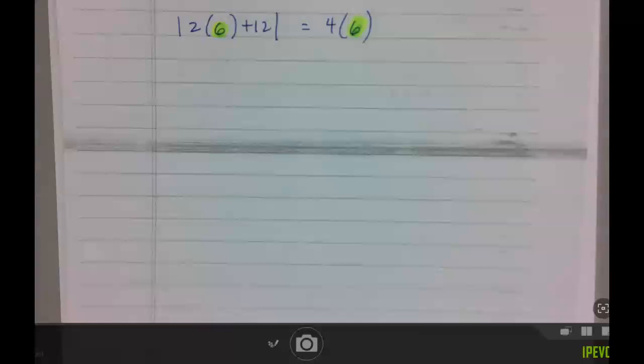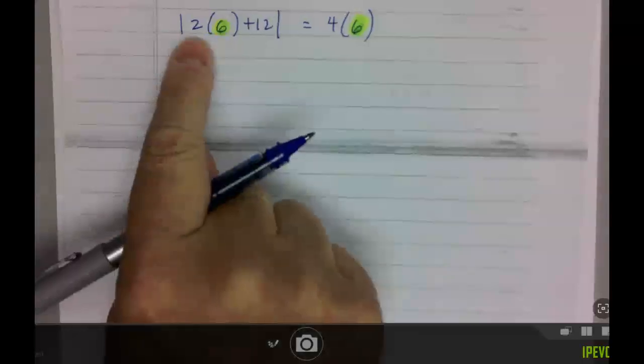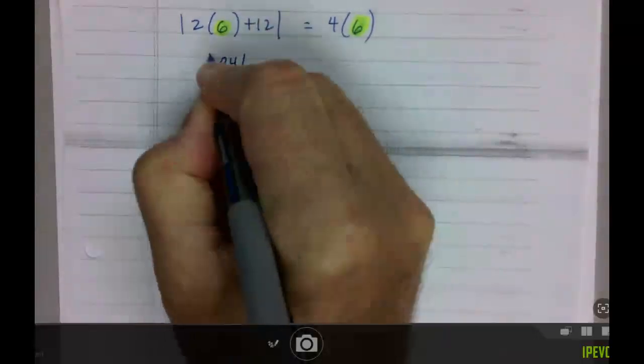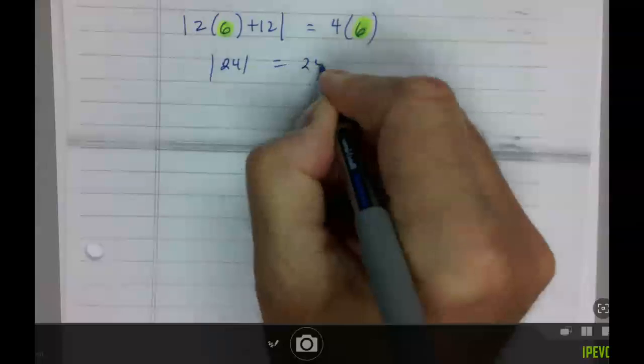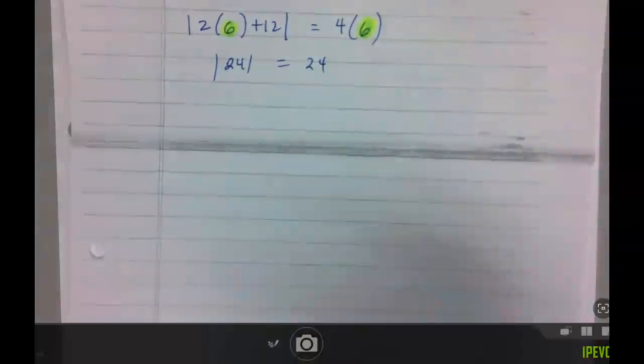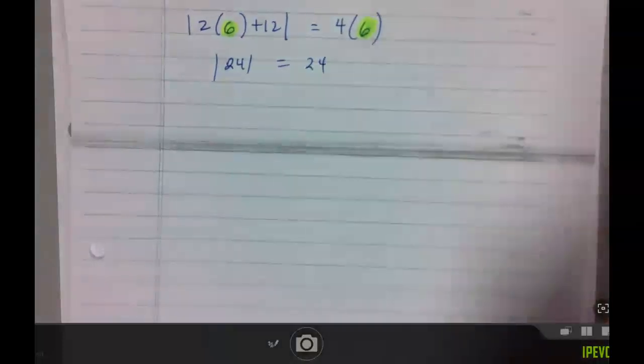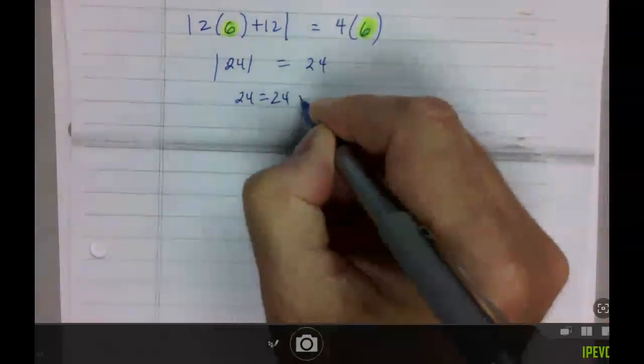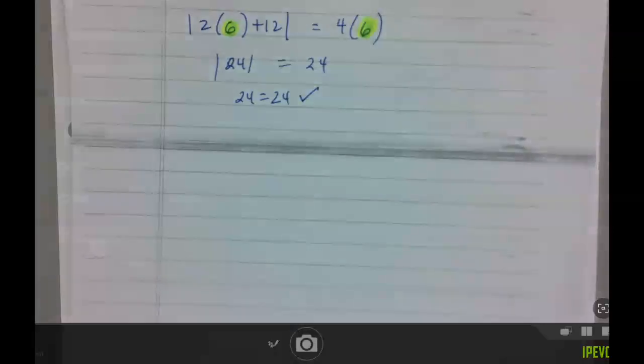Agreed? Okay, 2 times 6 is 12. 12 plus 12 is what? 24. 4 times 6 is 24. What's the absolute value of 24? 24. So does that one work? Yes, it does. It is a solution, isn't it? So this one is a solution.